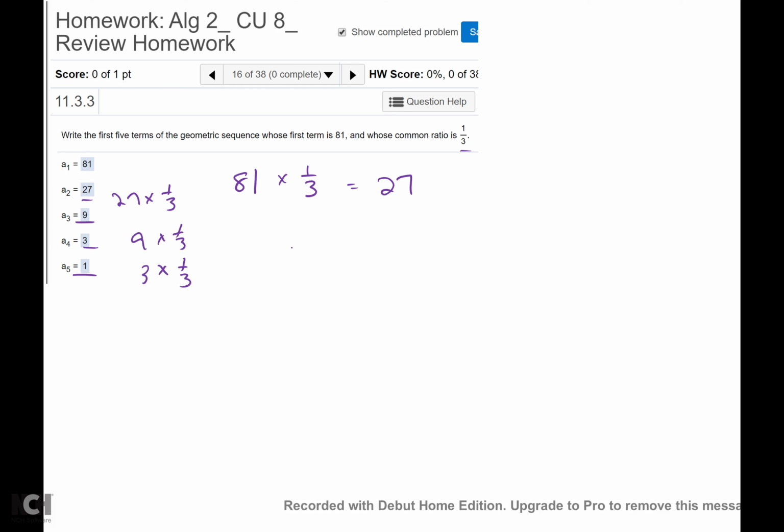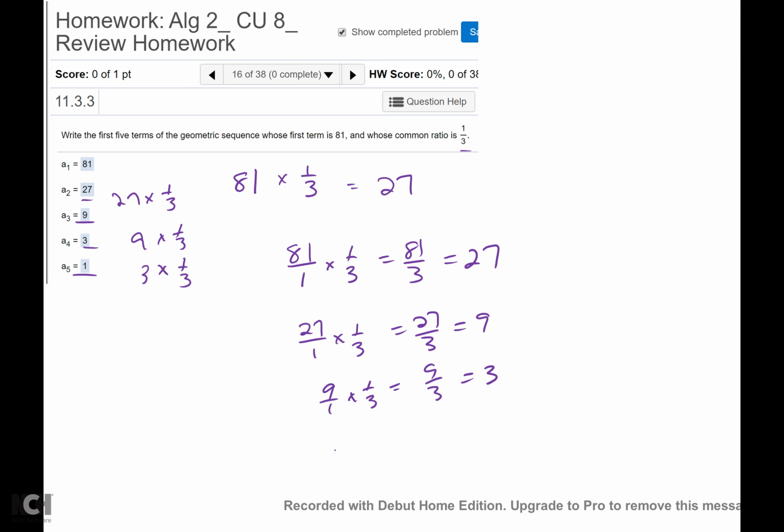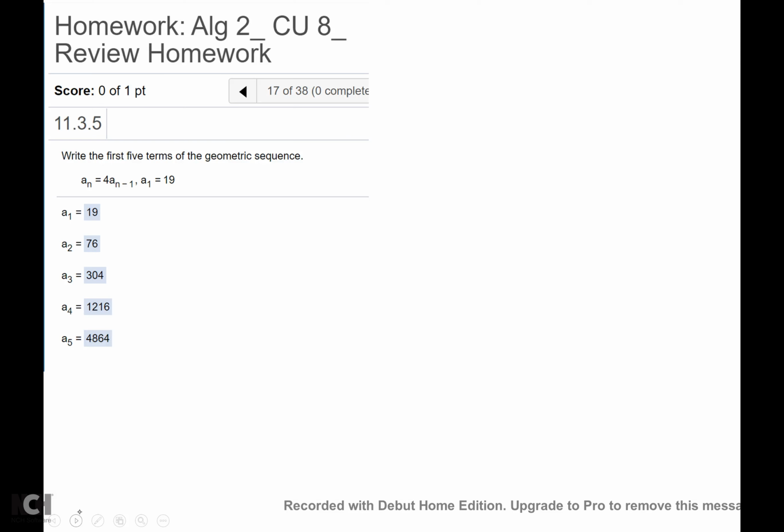I mean, you can use a calculator if you want, guys, but this is 81 over 1 times 1 over 3, which is 81 over 3, which is why you get 27. 27 over 1 times 1 over 3 is 27 over 3, which is 9. 9 over 1 times 1 over 3 is 9 over 3, which is 3. And 3 over 1 times 1 over 3 is 3 over 3, which is 1. Or use a calculator.